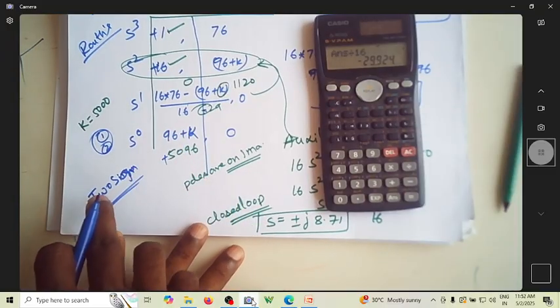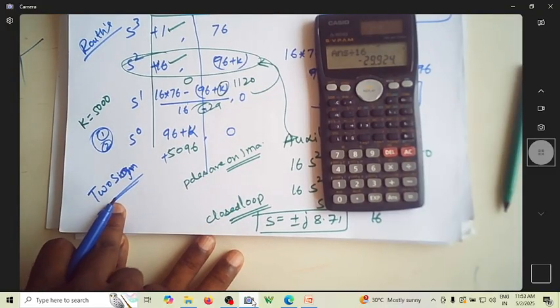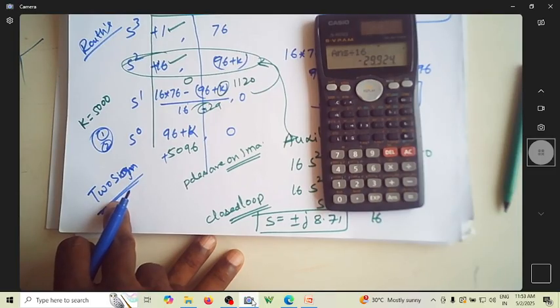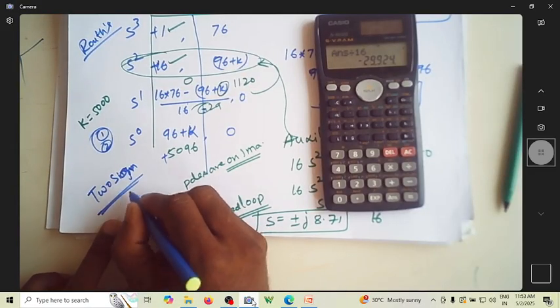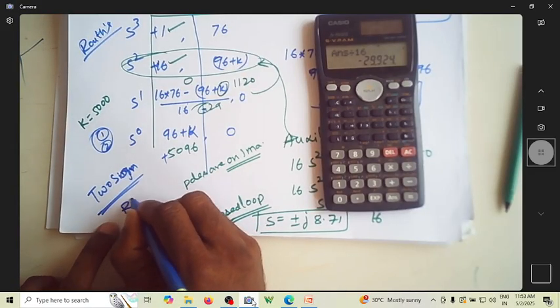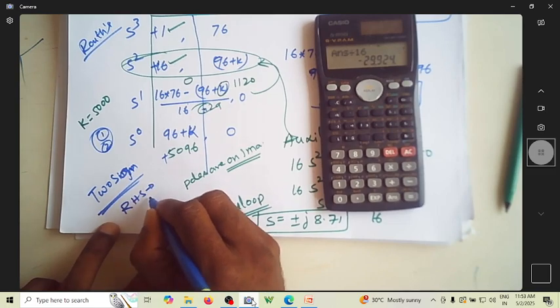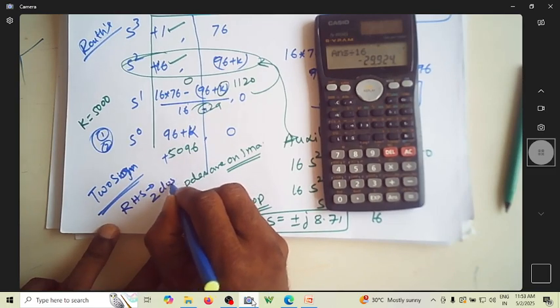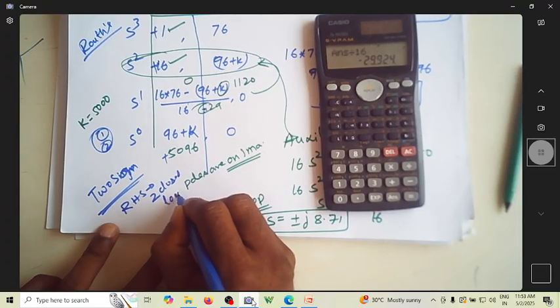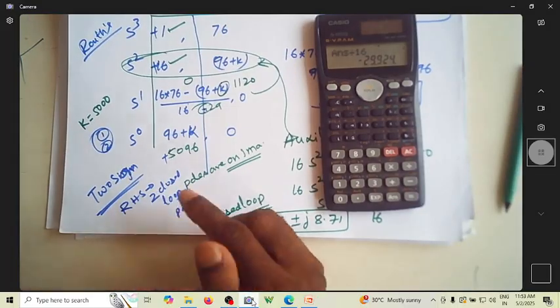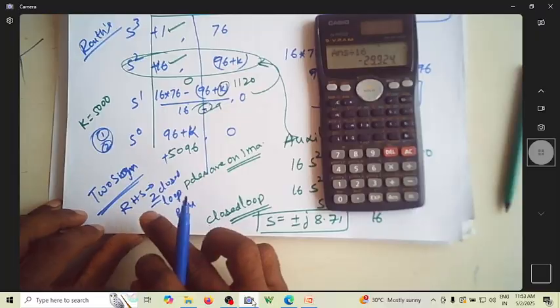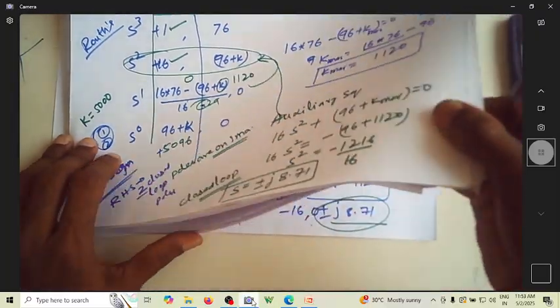The number of sign changes is the number of closed loop poles on the right hand side of the s-plane. So this means that on the right hand side of the s-plane you have two closed loop poles. I don't know where exactly they are, but I can tell there are two on the right hand side.